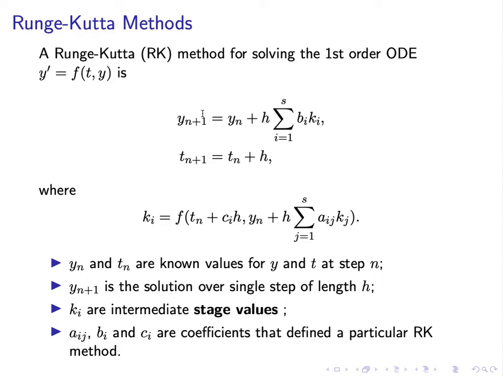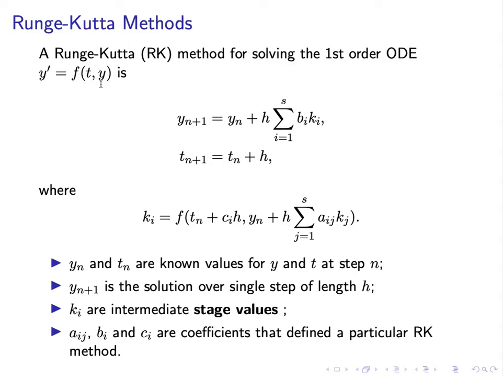Okay, so this is how a Runge-Kutta method advances the solution by a single step. You notice this summation extends from i equals 1 to s. Now s is the number of stages we have, and the stage values are calculated using the ODE function. So this f comes from the ODE function. The arguments into the function: instead of t we have our current value of t, which is tn, plus some coefficient ci times our step length h.